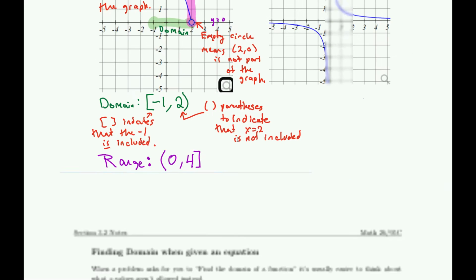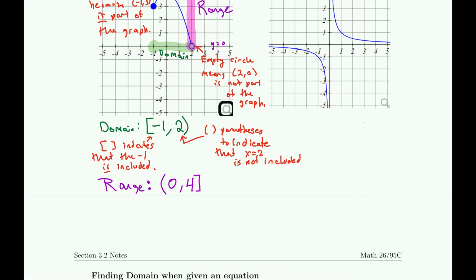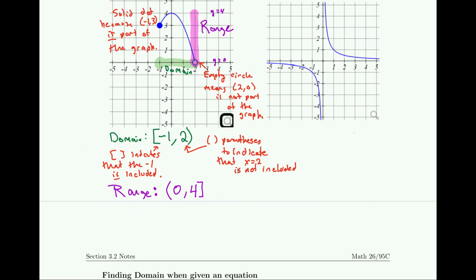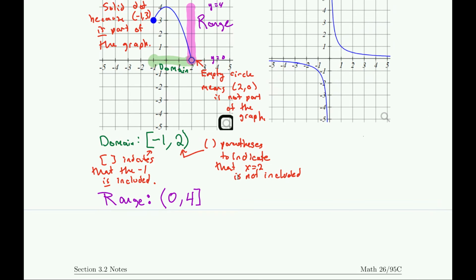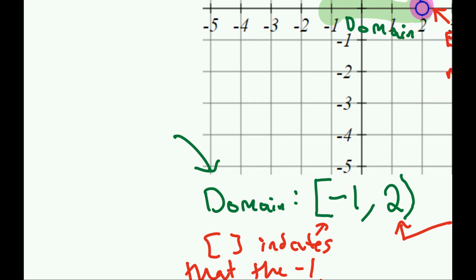Now, just to be clear, there are other ways to write this. So we could have written the domain maybe this way. An alternate way to write this domain would have been negative 1 to 2 is correct, but you could have also said that it is x between negative 1 and 2, like that.